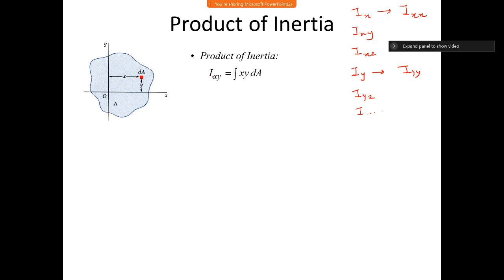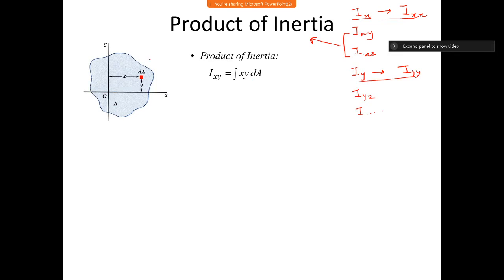So now let us look at the terms which have two different indices. These are called the product of inertia. When we say moment of inertia, I refer to Ixx, Iyy and Izz. These terms are called the moment of inertia, and these terms, Ixy, Ixz, Iyz, are called the product of inertia. The product of inertia is defined as Ixy equals the integral of xy dA.